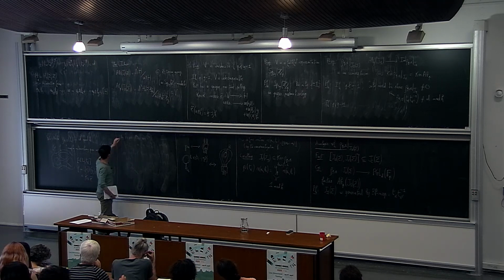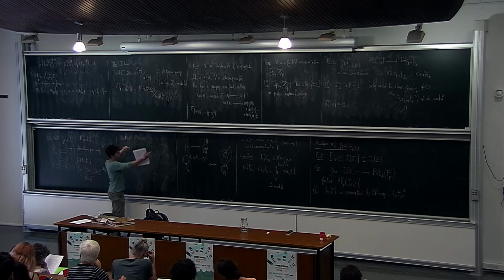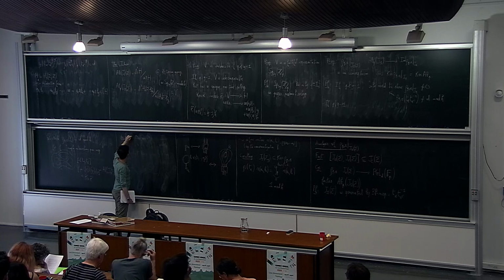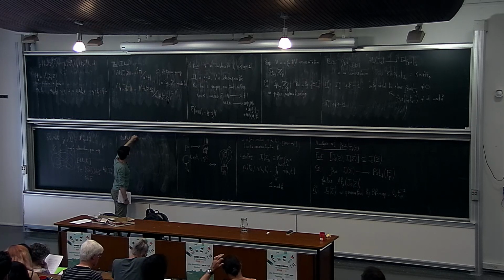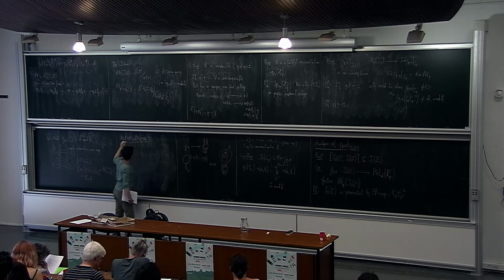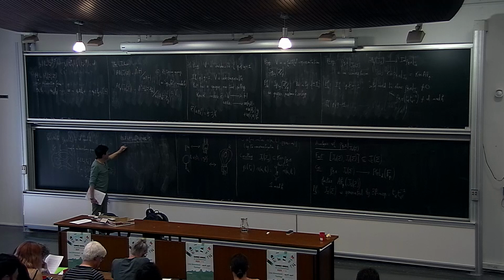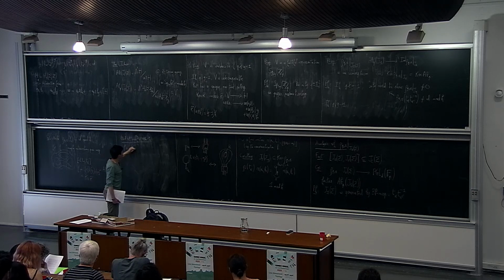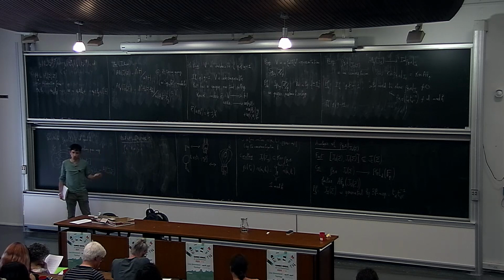So with this fact, the proposition now proven, we can finish the proof of theorem 1. So we take f in the kernel of rho p1. And here, contrary to what I was doing previously, f is not necessarily in the Torelli group.